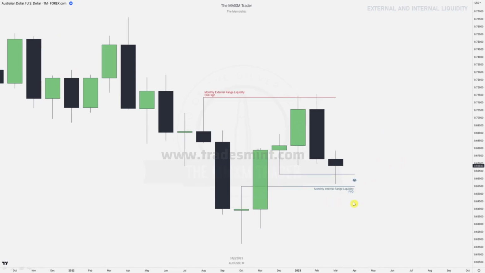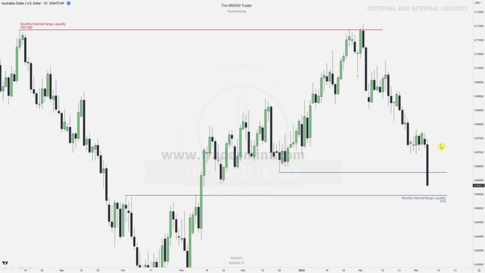And we can see this monthly internal range liquidity in the form of a fair value gap gets stacked. Now, what happens afterwards? Let's look at this from a daily perspective. We take out the monthly external range liquidity. Now, using daily structure to frame our setups, what are we going to be waiting for?